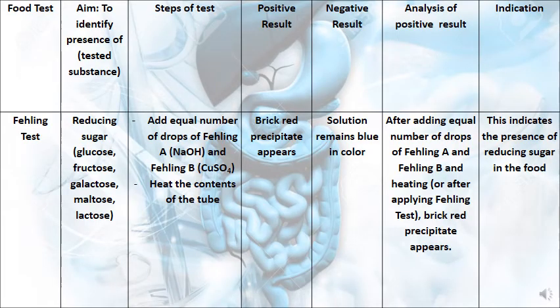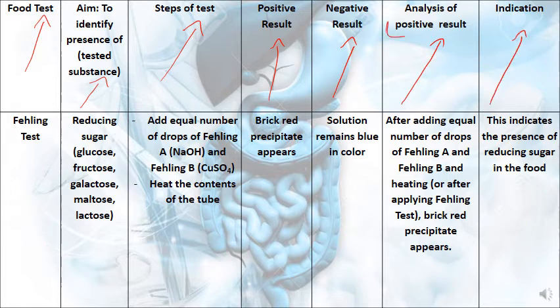Move to this table. Here in this table we have the food test. This is as a summary. The aim for this test, why do we do it? The steps, which is the procedure, positive, negative, analysis, and indication. If we add these two together, it's the interpretation. So Fehling test is done to identify the reducing sugar.